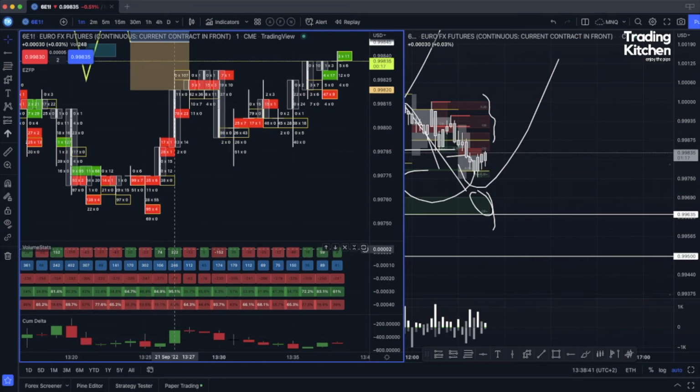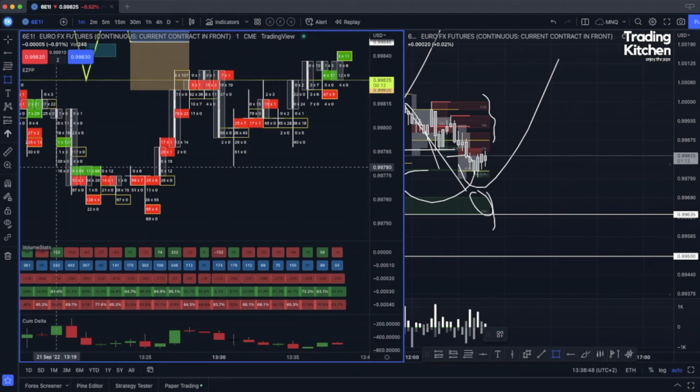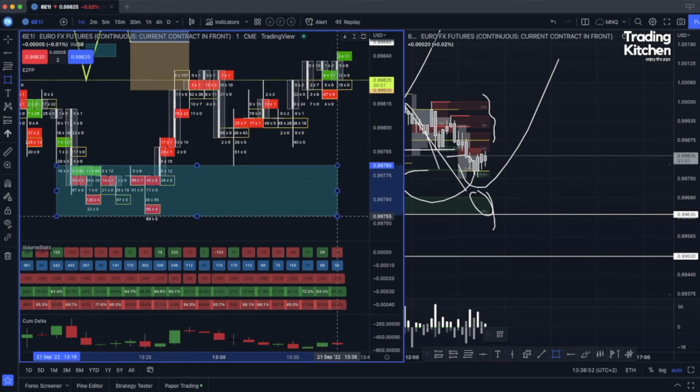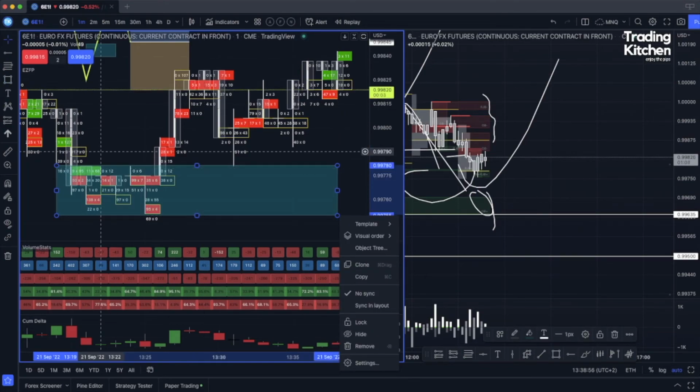So what does it mean? That in this zone someone is trapped. There are a lot of sellers that are being trapped here.